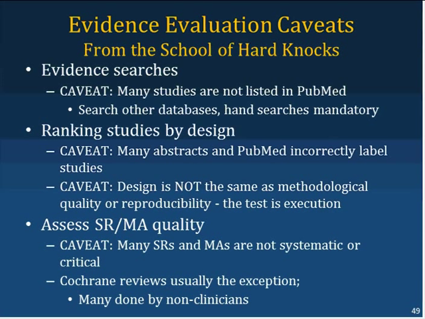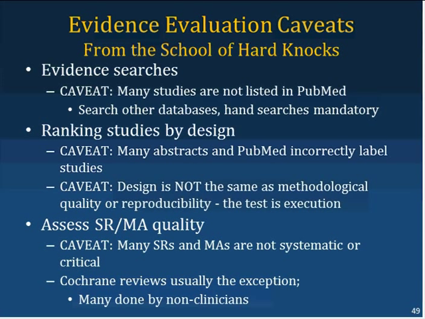Now, this is a list of things we found. Kurt Hegman and his team in Utah and Julie Ording in Chicago. These are generalizations, but they hold pretty much true. A lot of studies aren't listed in PubMed. Cochrane Collaboration recognizes this, which is why they talk about hand searches in their handbook, and going into looking at other databases.